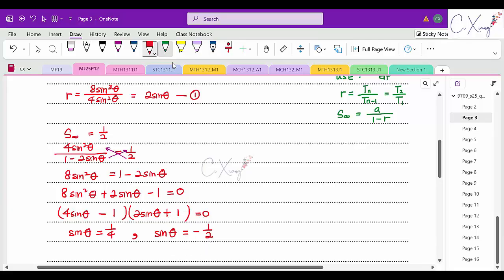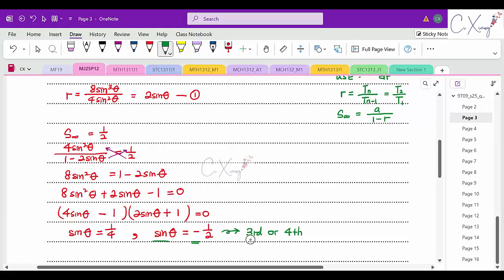Why do I ignore the answer for this part? It is because we are having sine with a negative value, right? Sine with a negative value, the answer of the theta should be in the third or also the fourth quadrant. The theta should be in the third or the fourth quadrant because third and fourth quadrant sine are negative.